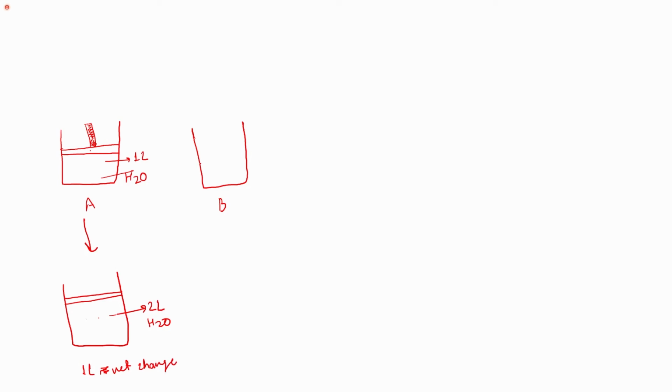Now this is container B. Its initial volume is 1 liter. It also contains 1 liter of water, and it goes from 1 liter to 5 liter. Let's say now this is containing 5 liter of water. Now the volume of the container again changes from 5 liter to 0.5 liter.